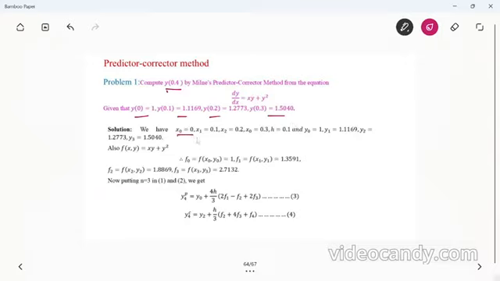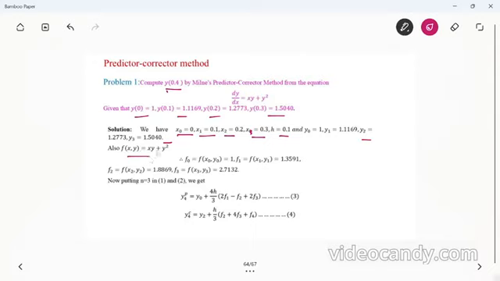Now we have x0 = 0, x1 = 0.1, x2 = 0.2, x3 = 0.3 and h = 0.1, y0 = 1, y1 = 1.1169, y2 = 1.2273, y3 = 1.5040.